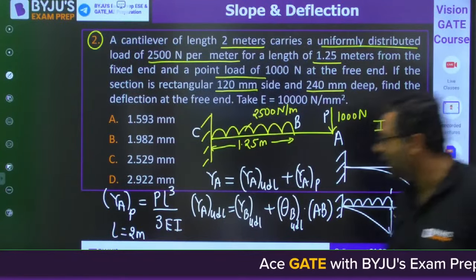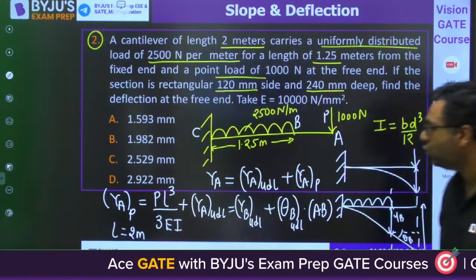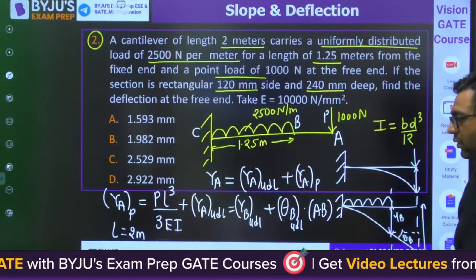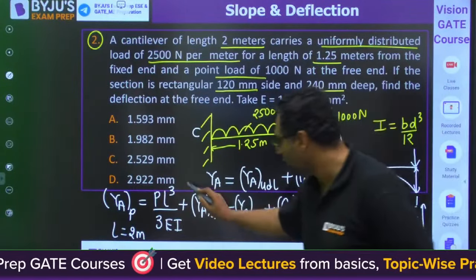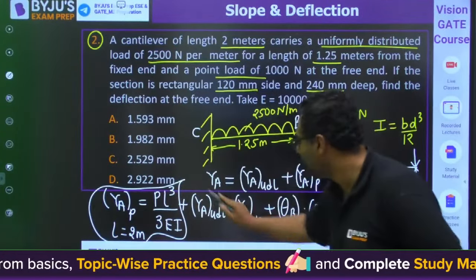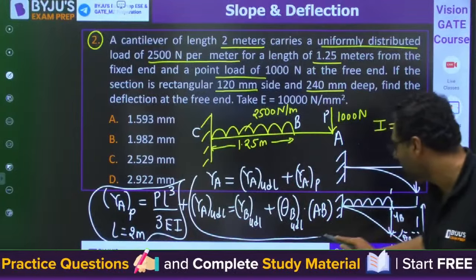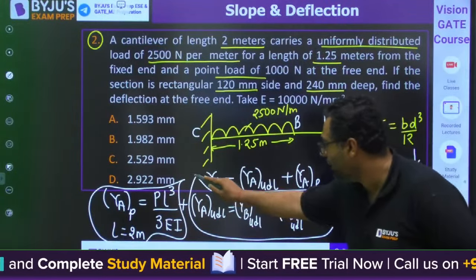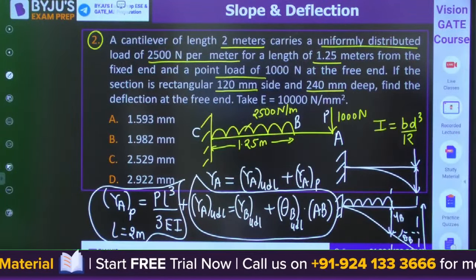So you need to just add these two. Both are downward, you can consider them negative. This is because of point load. This is because of UDL. Only calculations, nothing more than that.